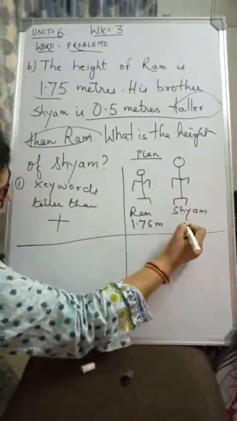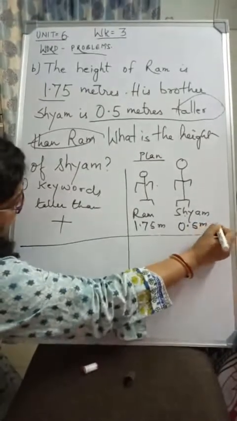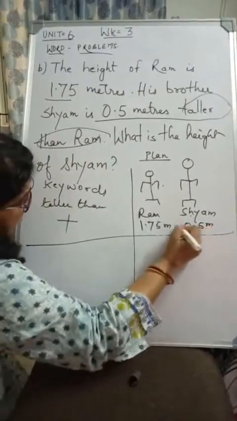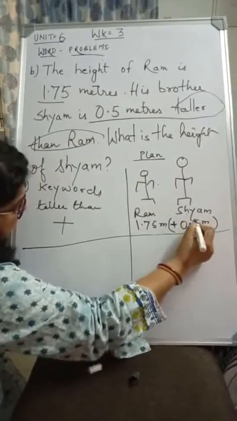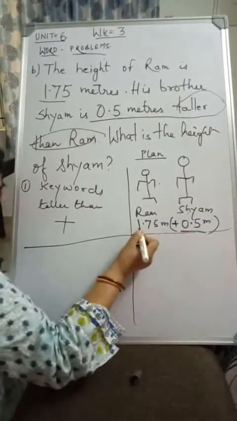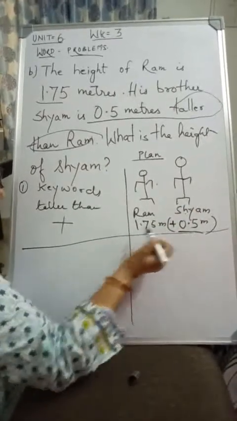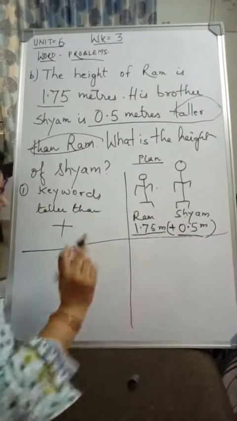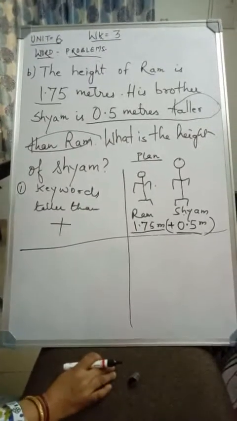And Shyam is 0.5 meter taller. It means plus 0.5 meter. Shyam's height is 0.5 meter taller than Ram's height. It means Shyam's height is more than Ram's height.